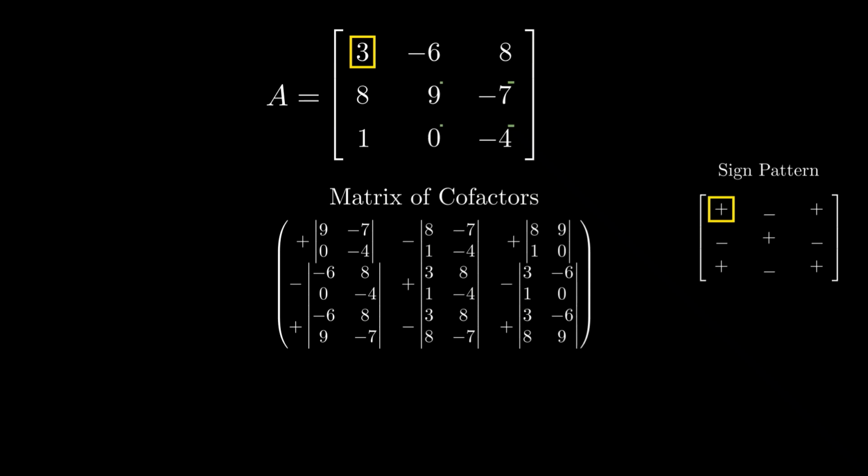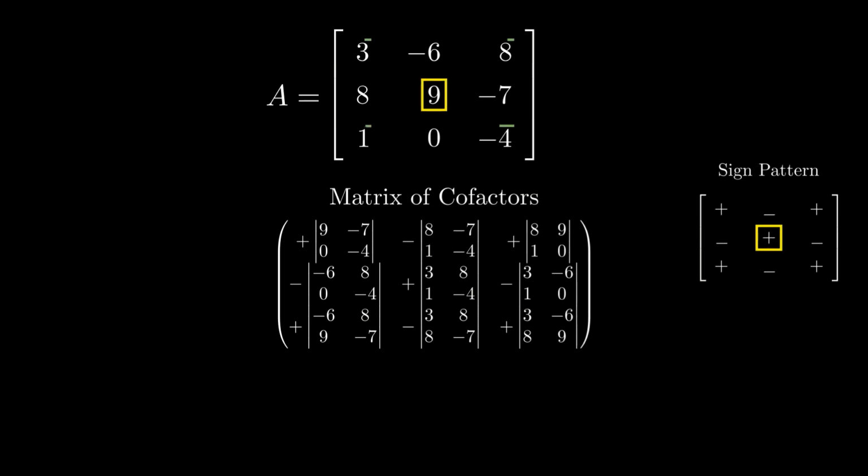And of course we must take the determinant of this, and you saw that notation earlier on in the video. And note that these cofactors must be given the sign that is in the sign pattern. And you may realize that the sign pattern is just alternating, so it shouldn't be difficult to remember.